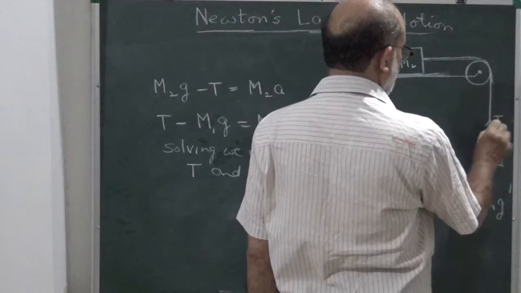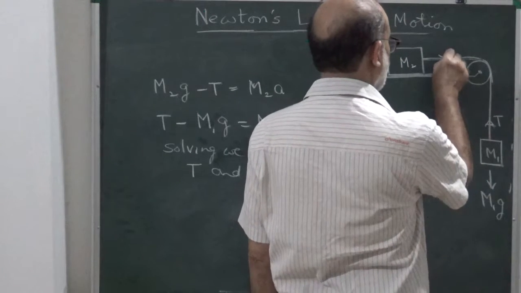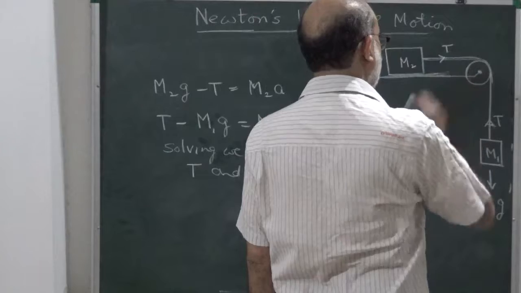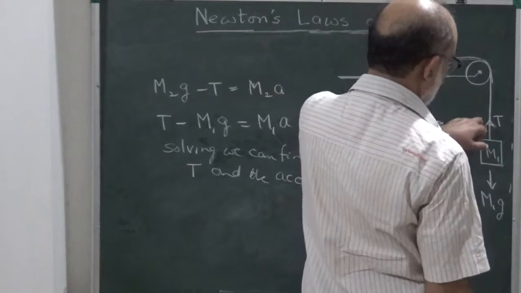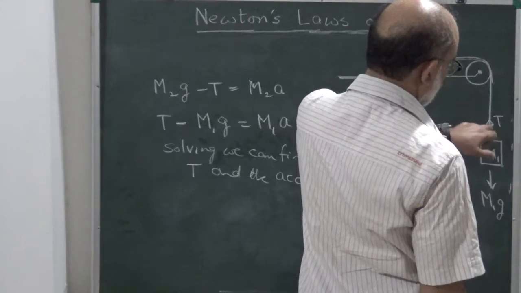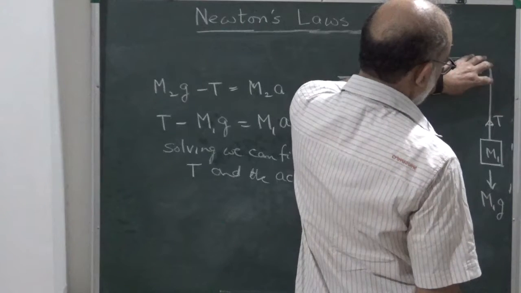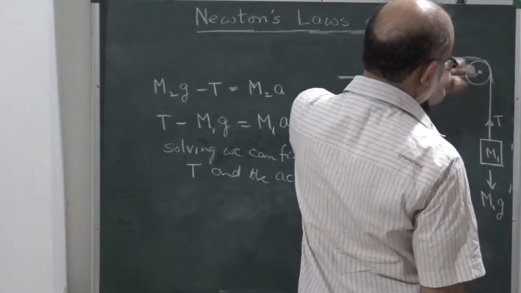So this tension T will transfer from this end to this end without any loss, because no force is required to change its inertia, because this is massless.